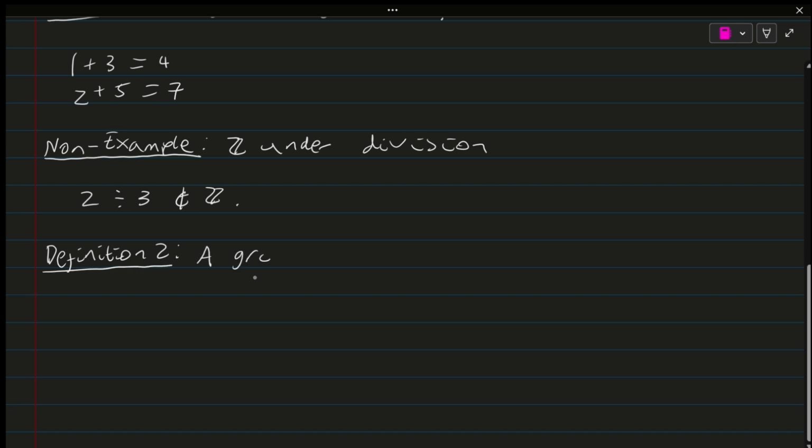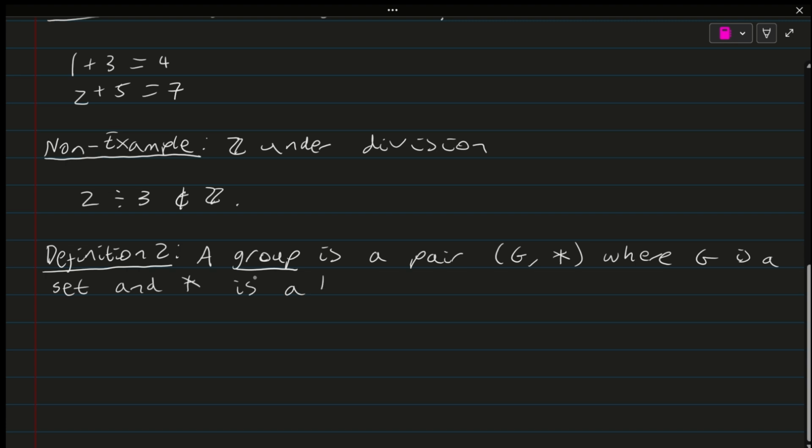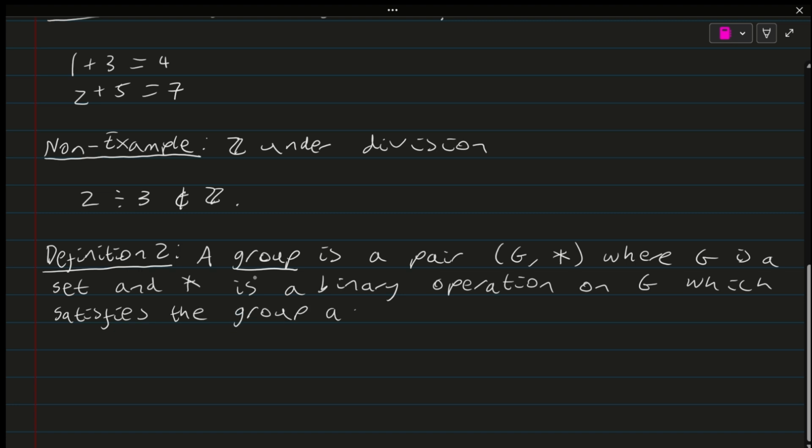So a group then is a pair G star, where G is a set and star is a binary operation on G, exactly as above, which satisfies the group axioms, of which there are 3.